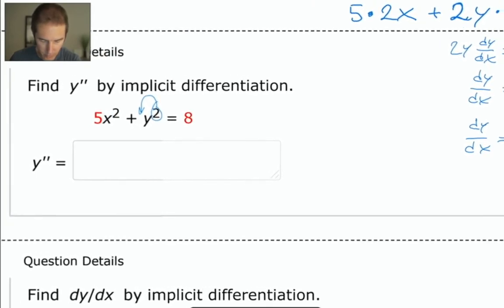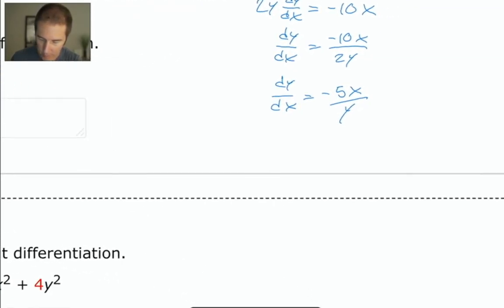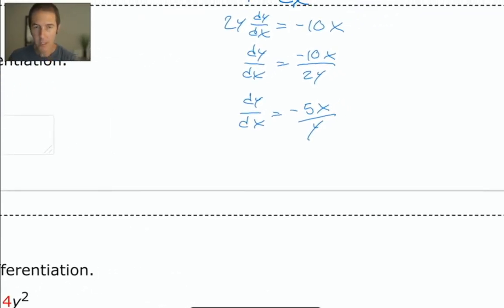What kind of notation did we use over here? Y double prime. Okay. So when I take the derivative of the left-hand side of my equation, that is effectively going to be y double prime. And let's just switch over to that notation.